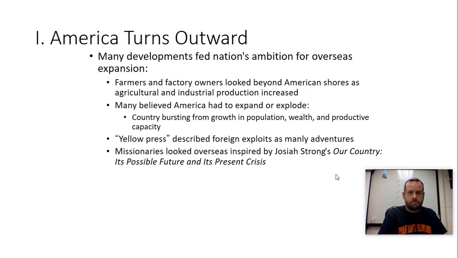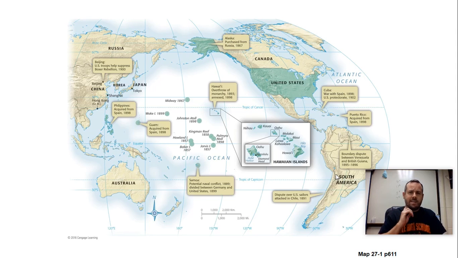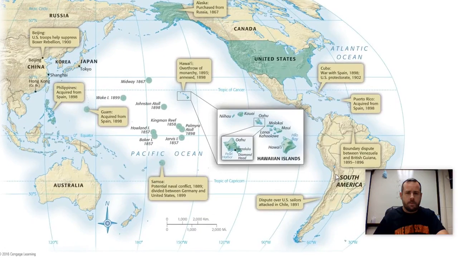This next slide kind of shows some of the places that America is going to go. I zoomed it in there a little bit, but here's the United States, obviously in green. You have the rest of the world, and you can see Cuba, Puerto Rico, Venezuela, the Panama Canal right in this area here, Samoa, Hawaii, Alaska, Guam, the Philippines, some incursions in China, in Beijing, with what's known as the Boxer Rebellion.